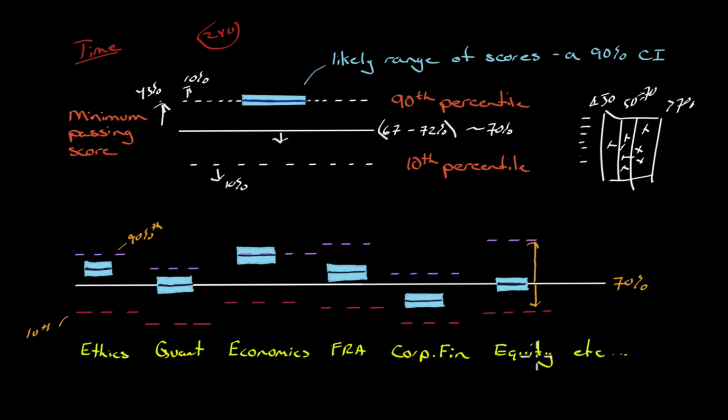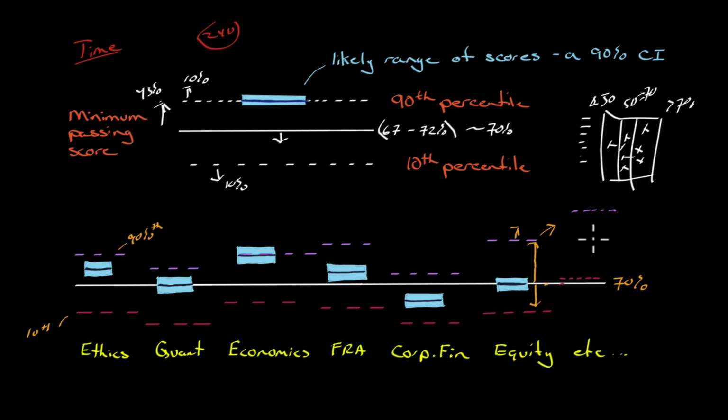This is saying equity as a section as a whole, the majority of people found it easy, because the 90th percentile is way up here, and the 10th percentile is getting closer to the 70% line. So if you have a section where the 10th percentile line is, let's say, here, and the 90th percentile line could be way up here, that's saying that 90% of the people who wrote this exam got over 70% if the 10th percentile line is here.